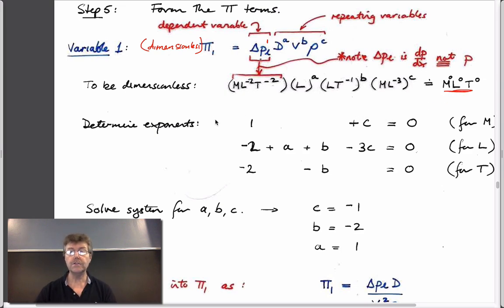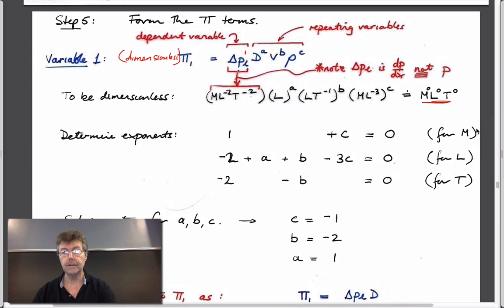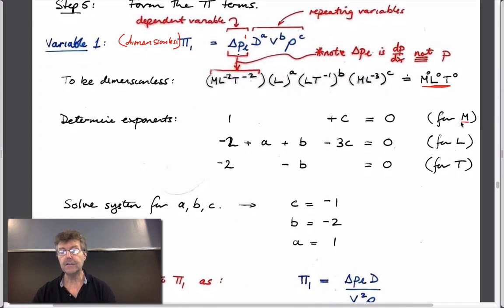And so if you look on this side, first of all, take the terms that involve mass. Pressure has mass in it, mass to the power 1, is this term here. Diameter has no mass in it. Velocity doesn't have mass in it, but density does.